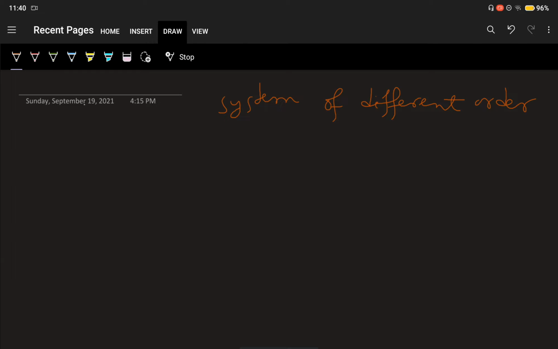The independent variables may be denoted as x and y. More conveniently, it can be written as x subscript i. This i stands for 1 and 2. This is a subscript.